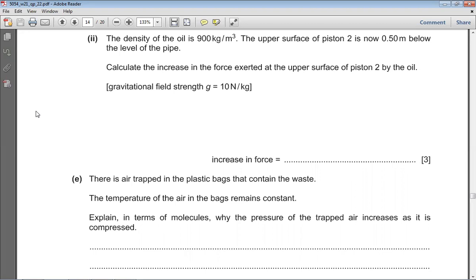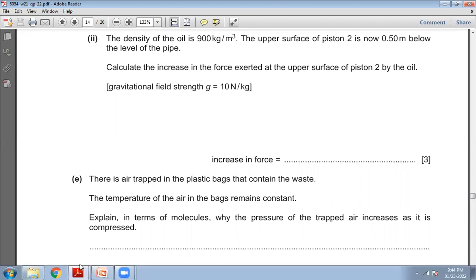So I know the surface area of that piston, that is 0.14 meter square. And we will calculate how much pressure this 0.50 meter depth of oil will create. And then by multiplying that pressure with the area, I will be able to tell you how much is the extra force which is now being exerted on the piston number 2.